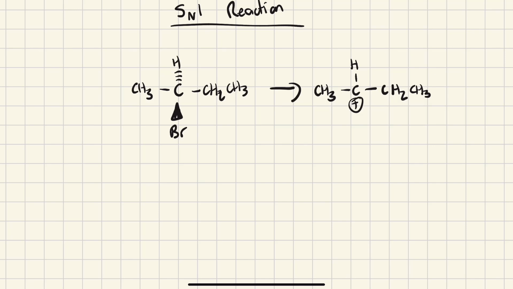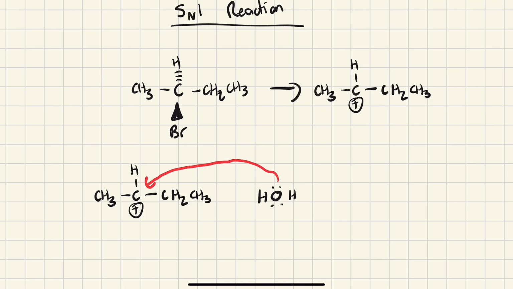So let's just draw out what that looks like. It's difficult to show the 3D on the screen, but basically the H2O can attack from either the top or from the bottom. One's going to give us the wedge, the other one's going to give us the dash. Now, it's said to be a racemic mixture, but in reality, there's going to be very, very little more of our dashed version compared to our wedged. And that's because our bromine is leaving on the wedge.